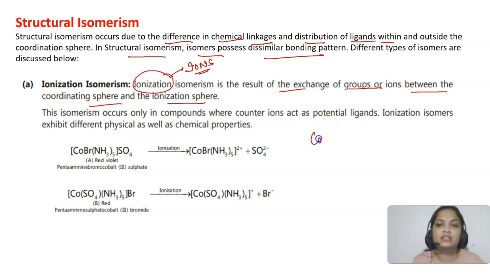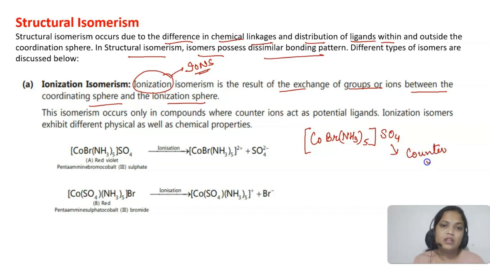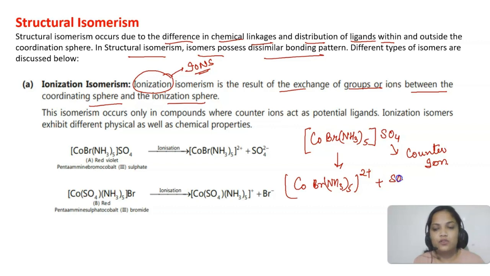Here this is the coordination entity we are having: pentaamminebromocobalt(III) sulfate. This is our coordination sphere, and sulfate is the counter ion. Now its ionization will happen, and you will get [CoBr(NH3)5] 2 positive and SO4 2 negative.